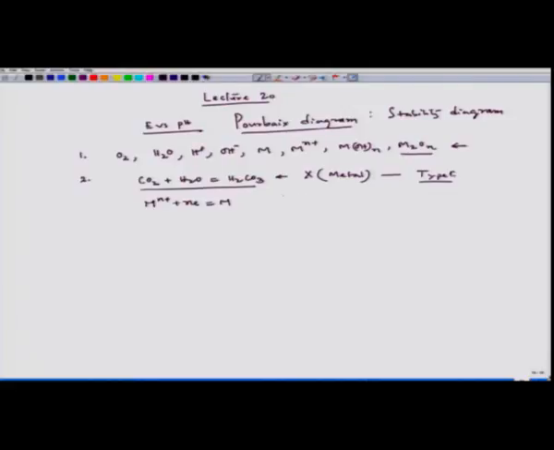Like that we can have the value of n. So, n is nothing but the oxidation number. If you see this reaction carefully, it depends on potential. Why? Because this reaction can be expressed in terms of the Nernst equation.